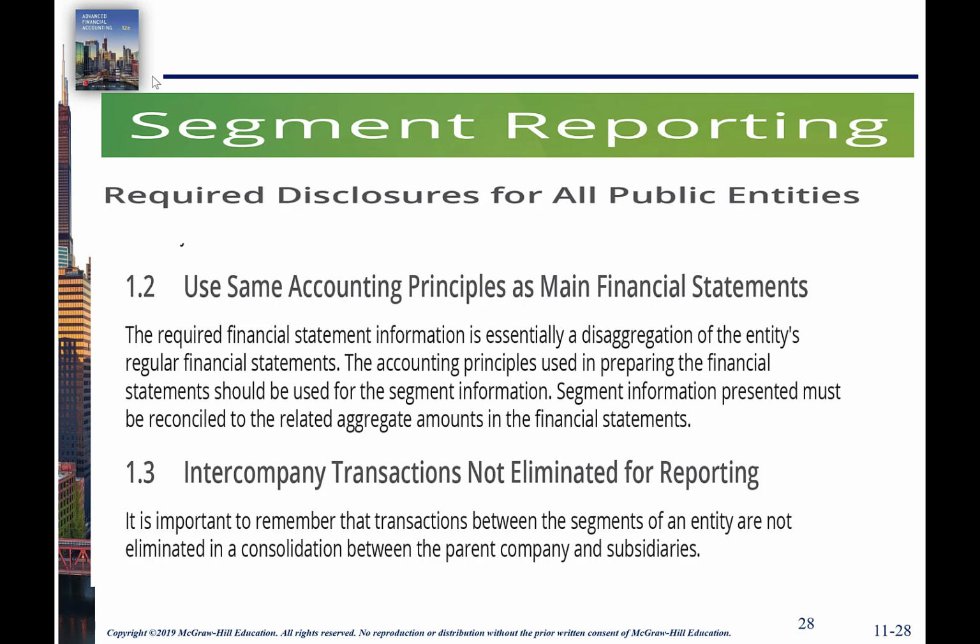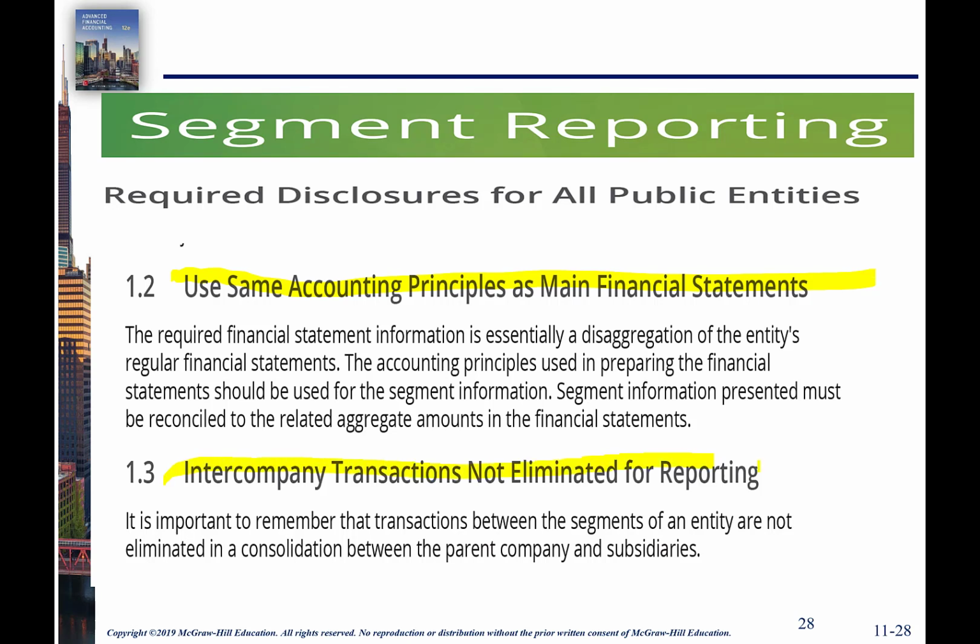What segments are big enough to have to be reported? Now, when we look at segment information, it is important to note that we will be using the same accounting principles as the main financial statements. So there's an expectation that you'd use, for example, accrual accounting on both the segment information and, of course, our consolidated statements.